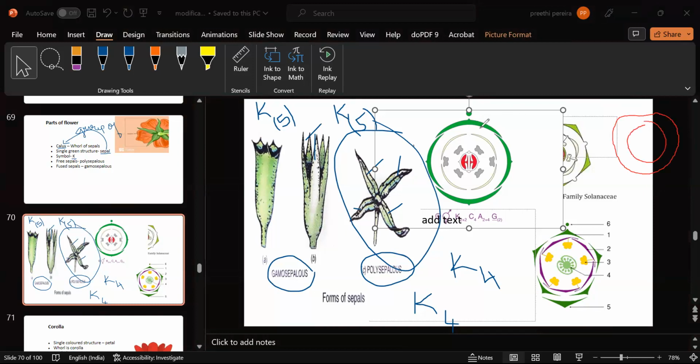Can you see this one? This is completely out. These 2 are completely inside. So if I draw a circle, I will get 2 whorls of calyx. So what will I mention? I will write K.